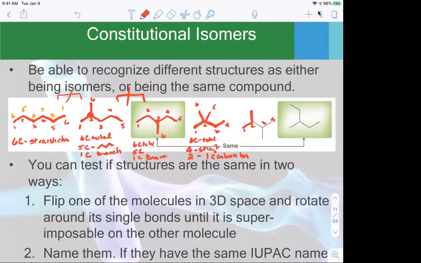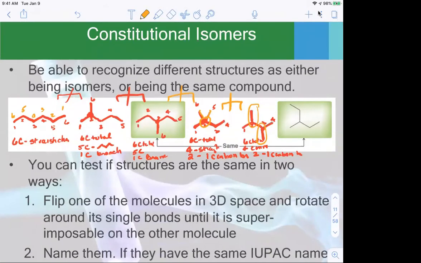I have a 1 carbon branch, a 1 carbon branch. 6 carbon total. I have 4 connected. I have 2 1 carbon branches, but both of these branches are on my second carbon. 1 branch here is on my second carbon, 1 branch there is on my third carbon. So these are not the same. These are not the same.